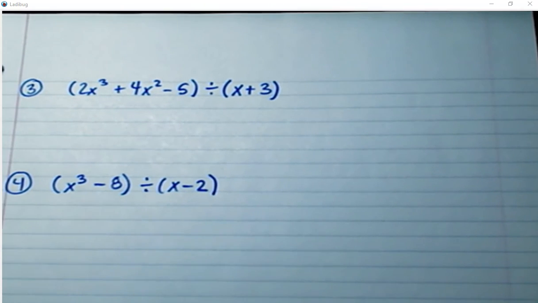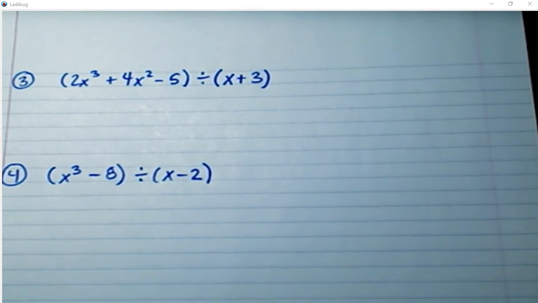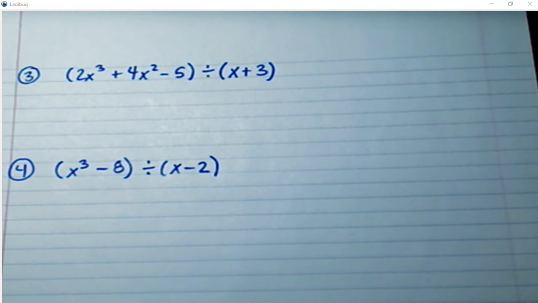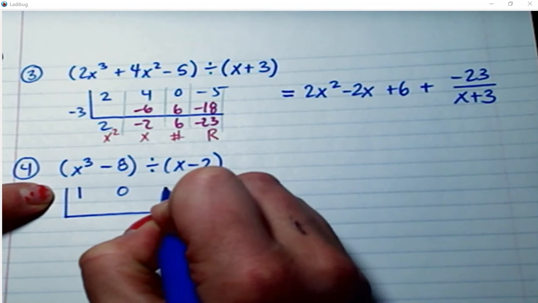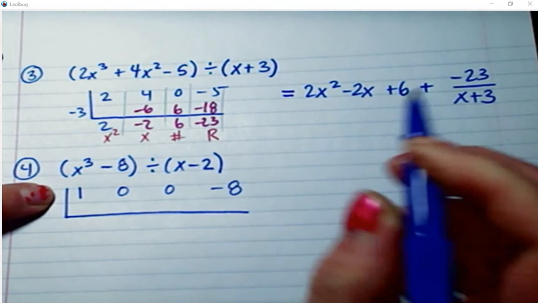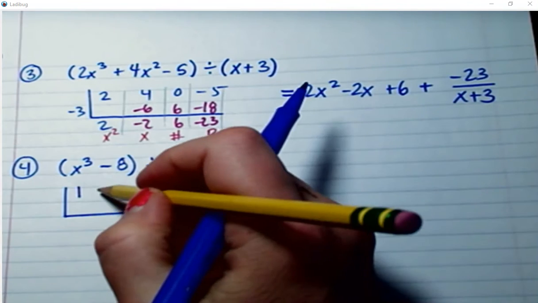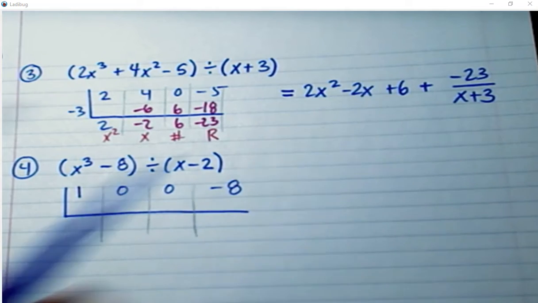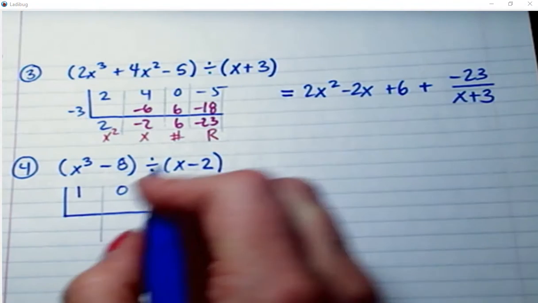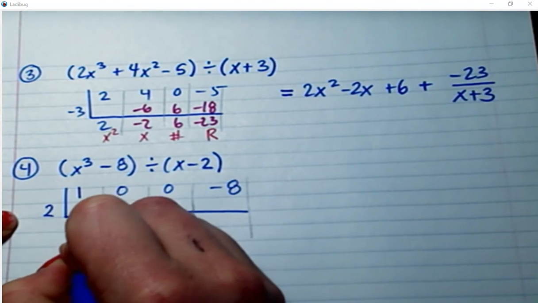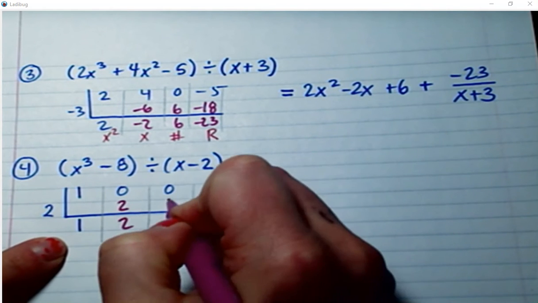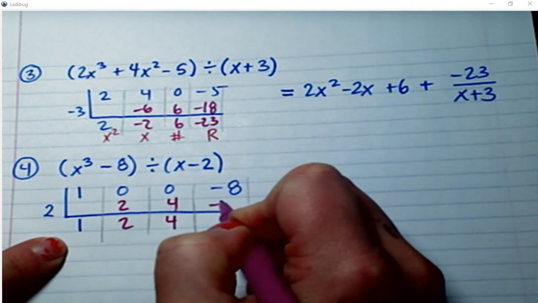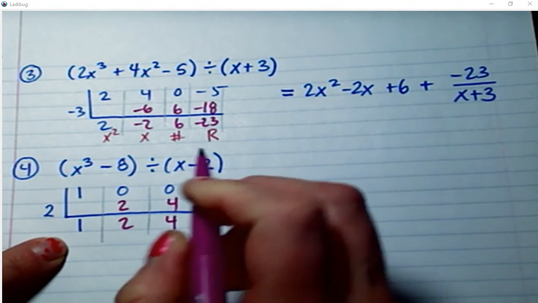Okay, there you go. Those are your 2 problems. I will come around and check them for you. All right, so we get 1, 0, 0, minus 8. Missing 2 zeros that time. This is what it is. Positive 2. Okay. 2, 2, 4, 4, 8, 0.